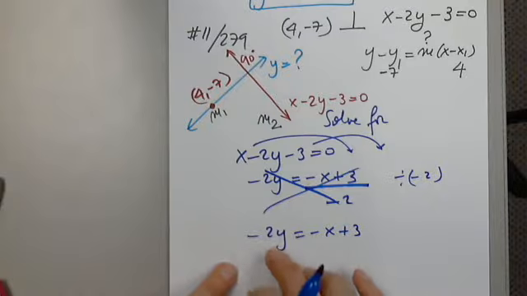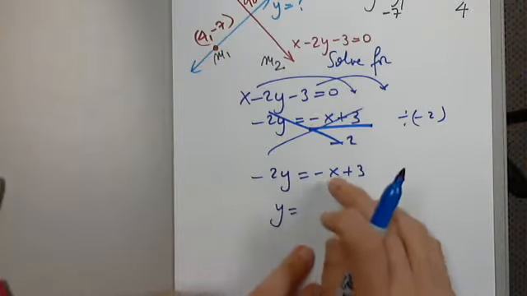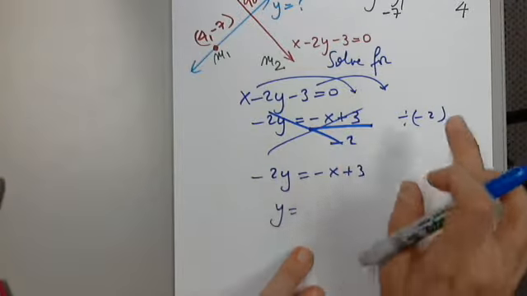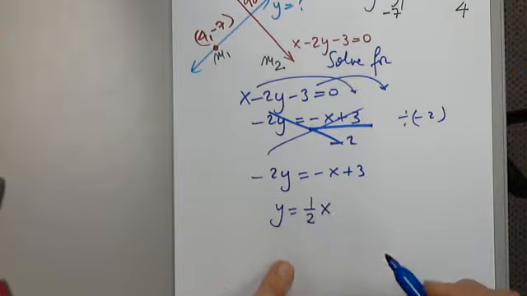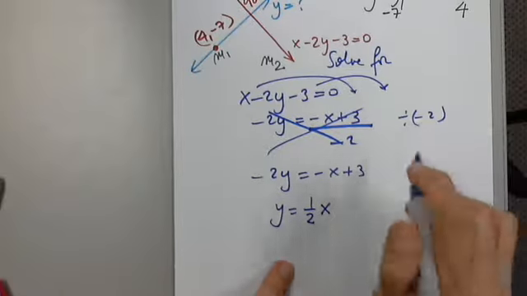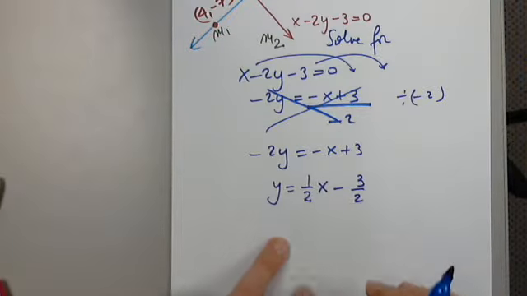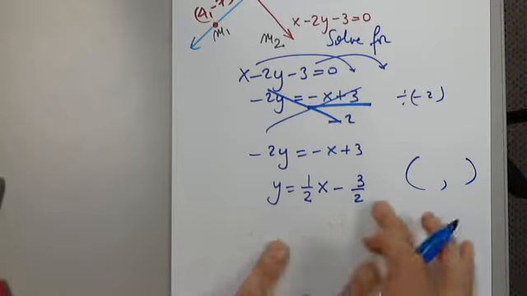When I divide negative 2y by negative 2, I get y. Careful how we divide here. Negative 1 by negative 2, which is 1/2, and x outside. 3 divided by negative 2, and this is negative 3/2. From this equation, since you asked, it's a very good question, can you identify the y-intercept of this?